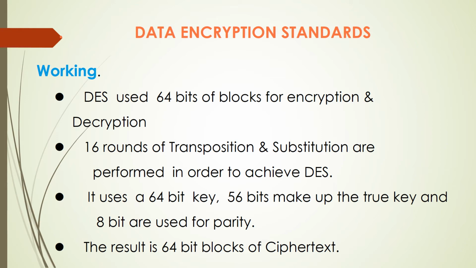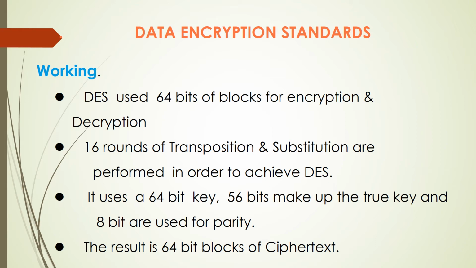That means at a time one block of encryption will take place. Then the blocks are put through 16 rounds of transposition and substitution functions. The result is 64-bit blocks of ciphertext.